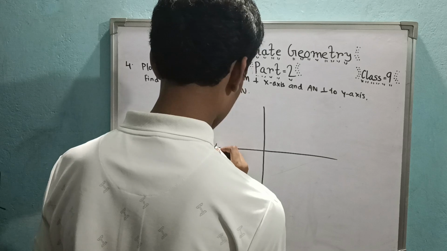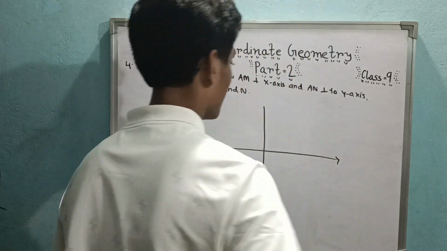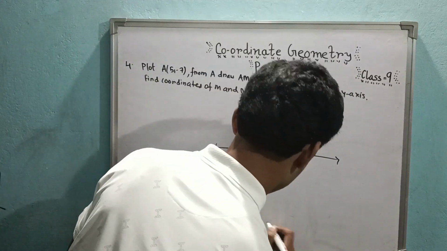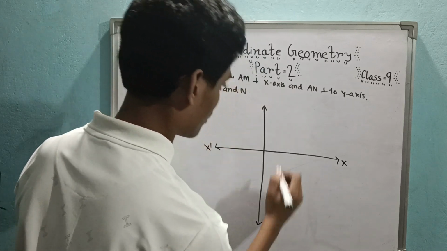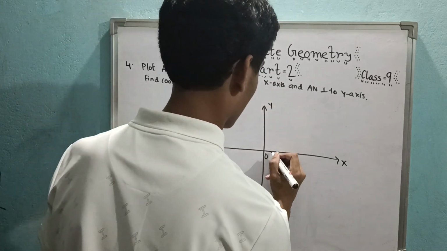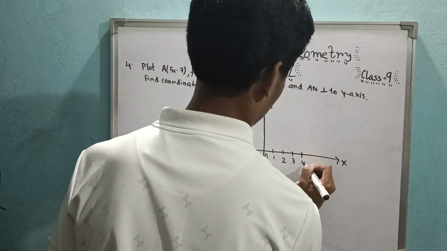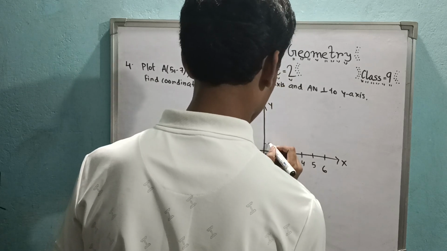Drawing graph papers has become smooth and easy, right? X', X, Y', Y, and 0. Again, I'm marking 0. It's the origin.